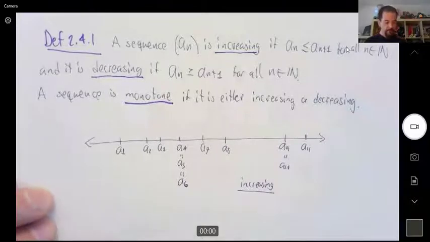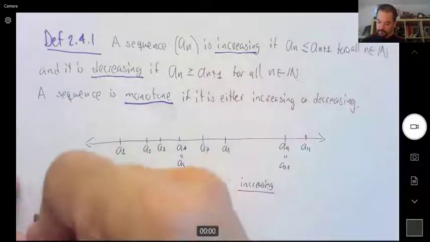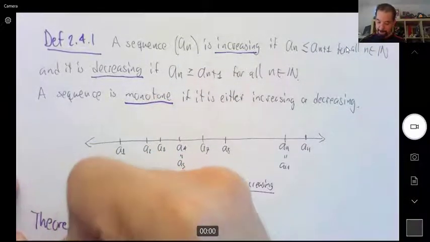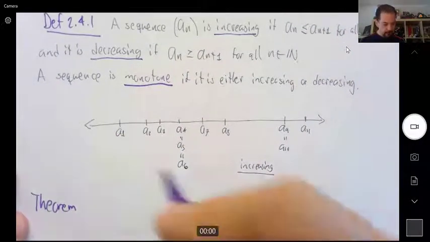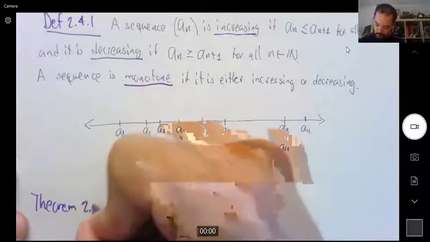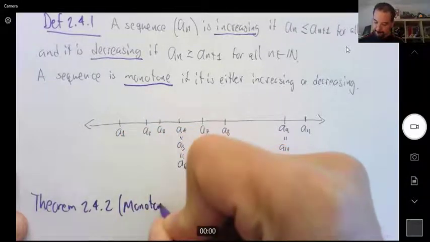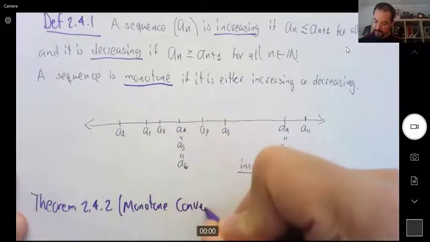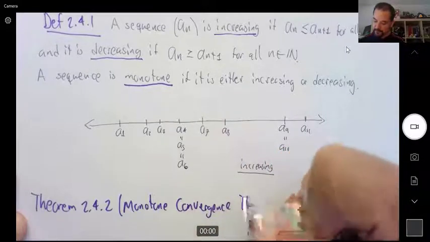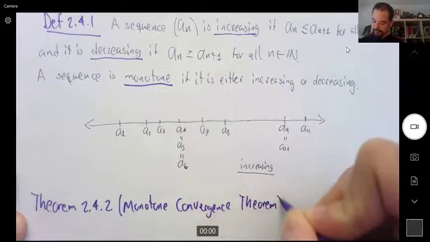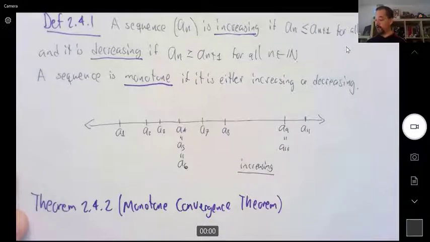So here is the theorem. Theorem 2.4.2 has a name. It's called the Monotone Convergence Theorem. And you probably heard it mentioned when you took calculus. I certainly talk about it in my first semester calculus class, but I cannot prove it at that point.